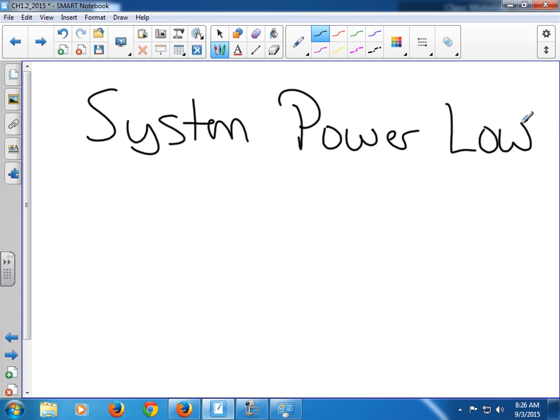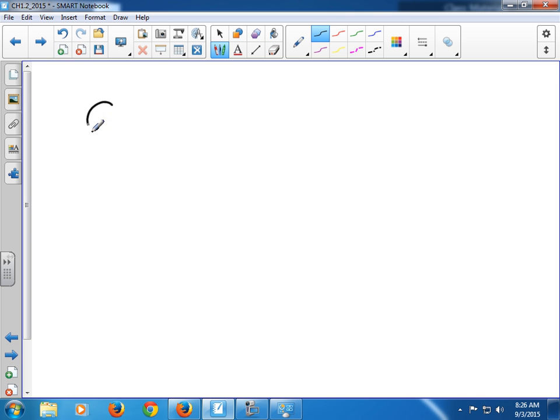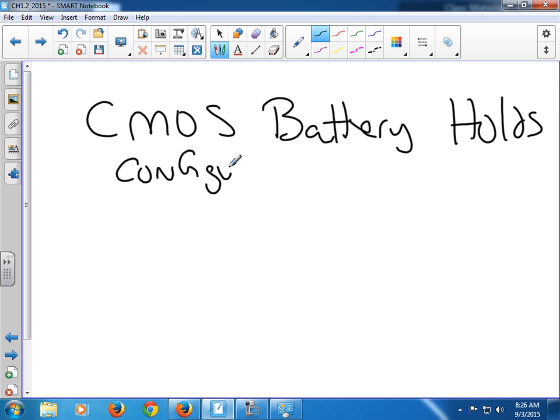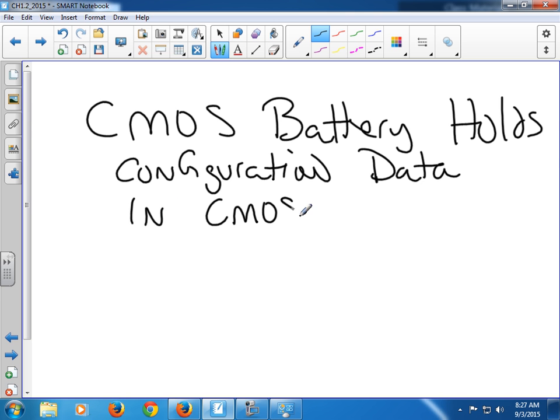The CMOS battery holds the configuration data in CMOS RAM. It's a test question. The CMOS battery holds configuration data in CMOS RAM.